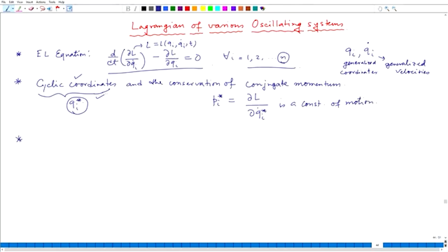We also said that if the Lagrangian is not explicitly containing the time, then L minus the summation over ∂L/∂q_i dot times q_i dot, with i running from 1 to n, is a constant of motion.